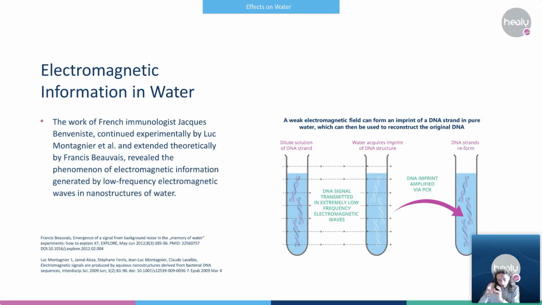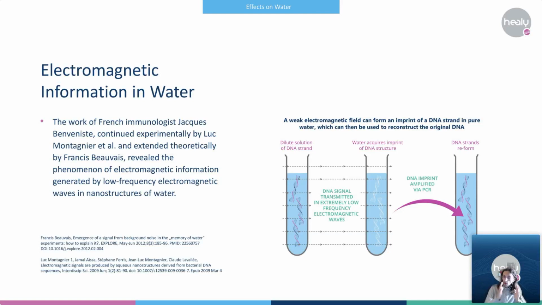You have the DNA strands, which have a complex information cluster. And this information cluster was then imprinted in the water. And then they transmitted this information with a low frequency electromagnetic field to an empty glass of water, as you can see in the middle. And then they used a normal PCR method to replicate this information, and then they had the DNA strands again, so they reformed. So what does that mean?